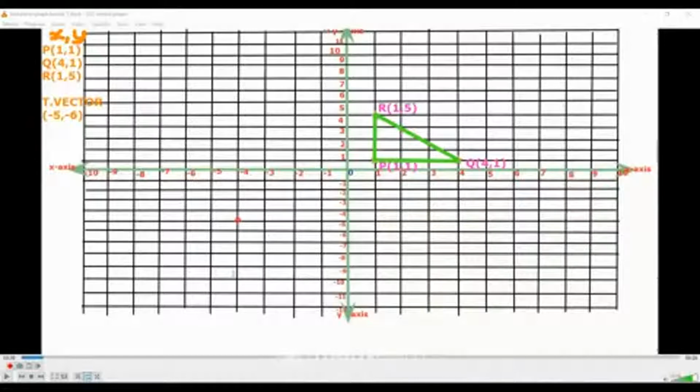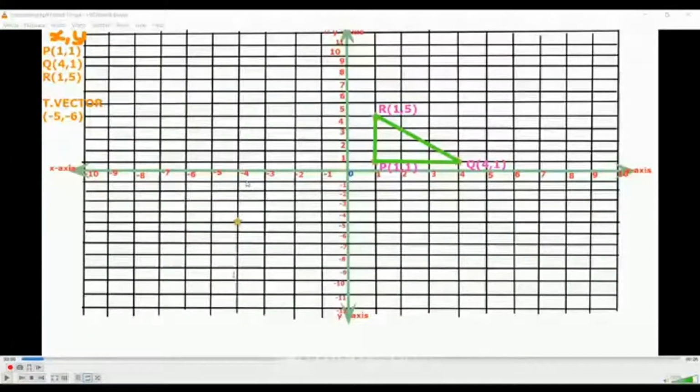Okay, good. Then you put the dots over. That will be the P prime.